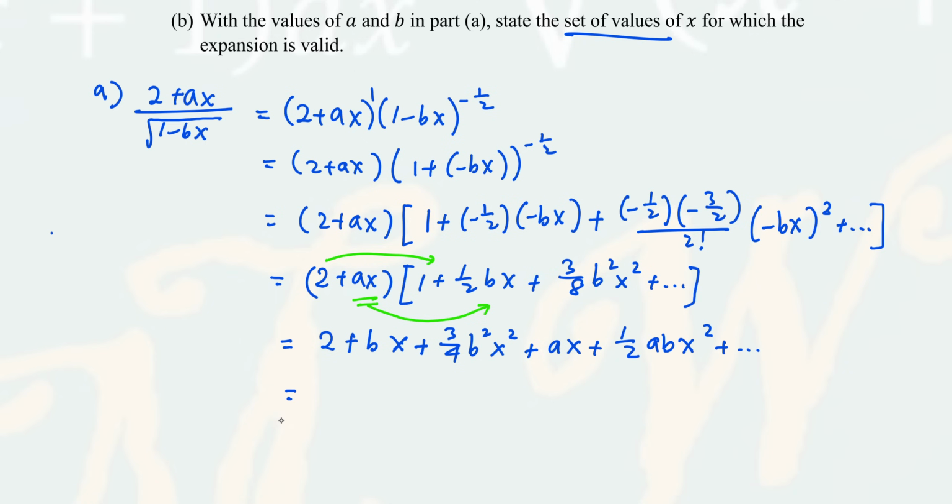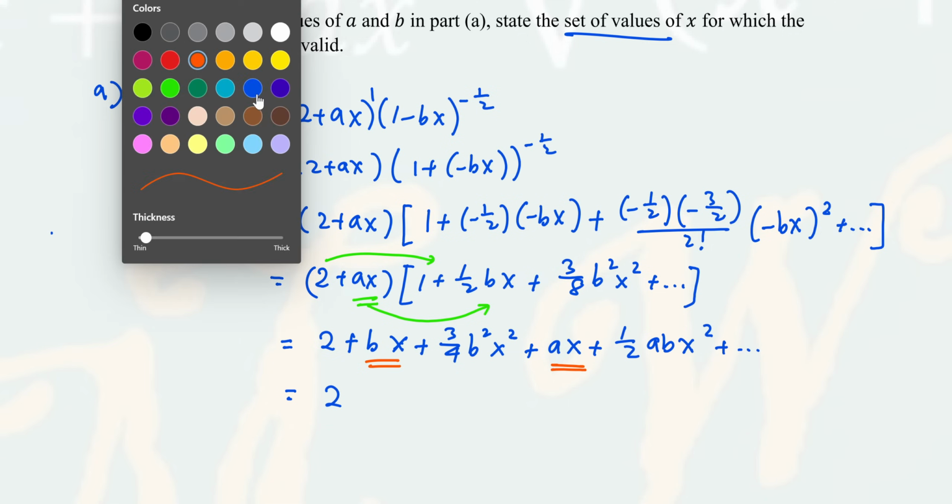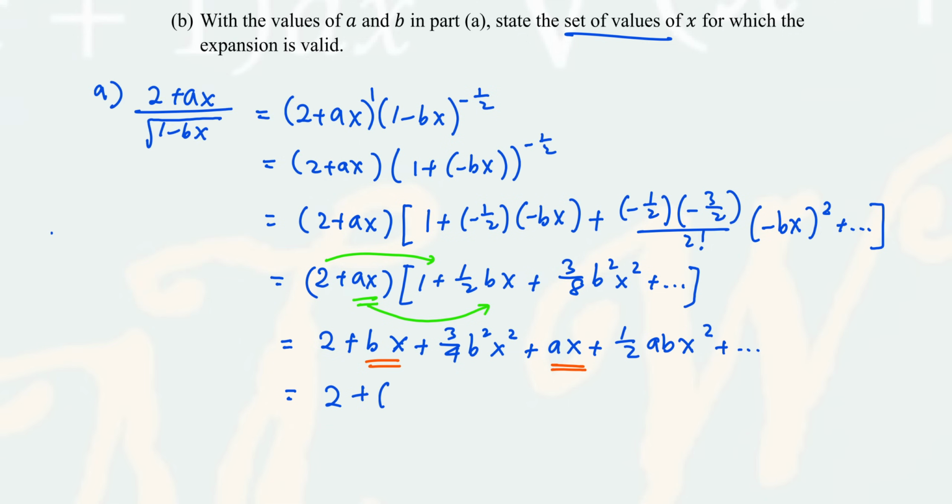And I will group them now. Okay, so the only constant here is 2. Then when you refer to the coefficient of x, right, here you have b, you have a. Then now from here, I will just write plus a plus b times x. And same goes to the remaining terms, factorize x squared.